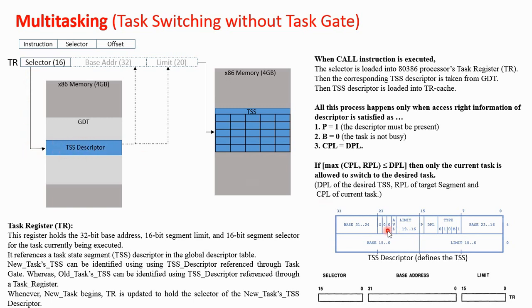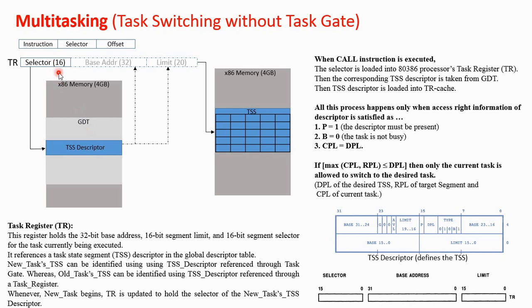The TSS descriptor is a data structure like this. Previously we have studied different descriptors. This is the descriptor which selects the TSS, that's why it is called the TSS descriptor. It is located by the selector field of the task register, and those TSS descriptors are kept in the global descriptor table inside the 80386 memory.